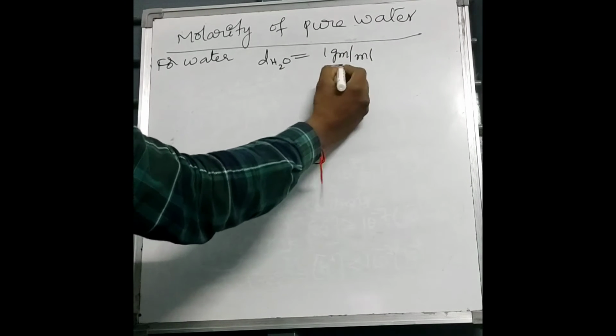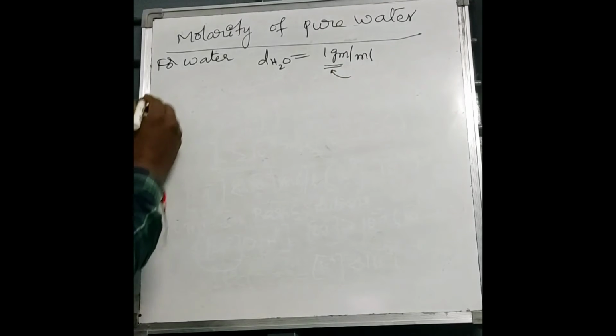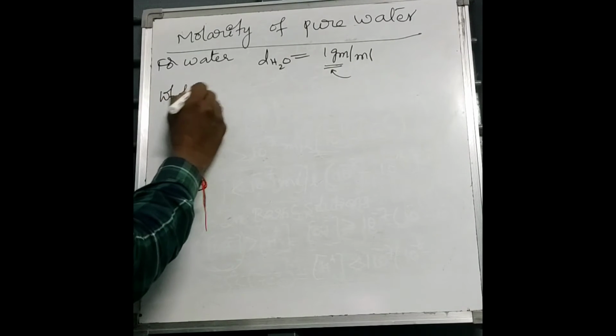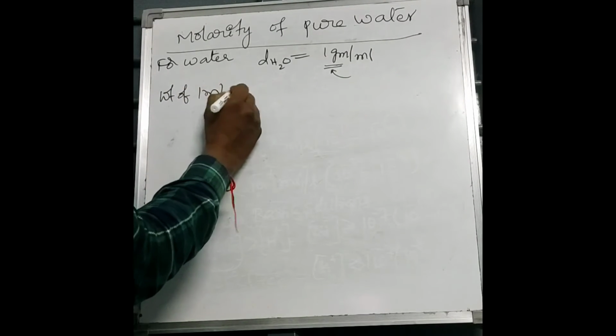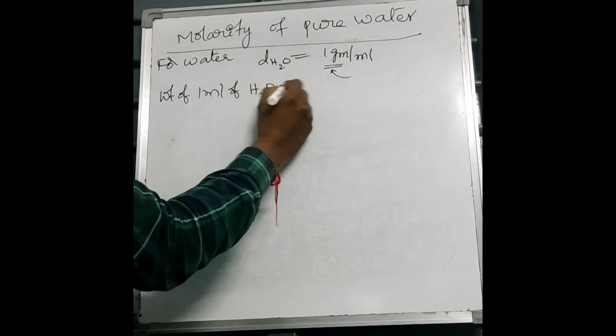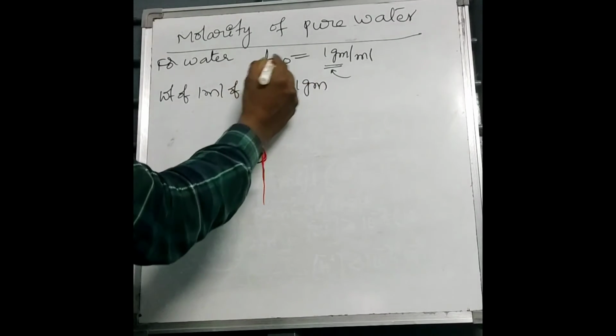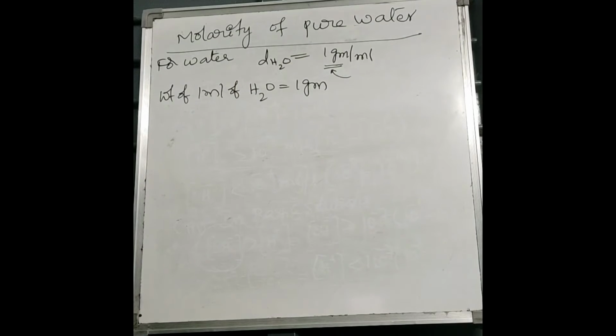It means the weight of 1 ml of water is 1 gram. Weight of 1 ml of water is what? 1 gram, because density is 1 gram per ml.